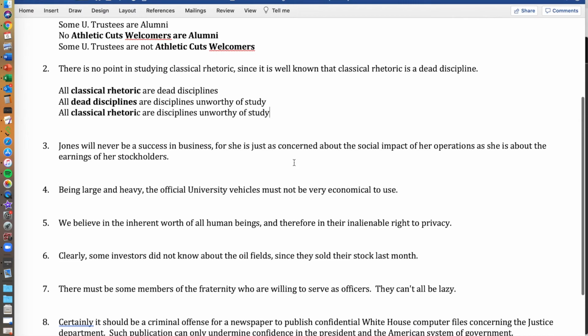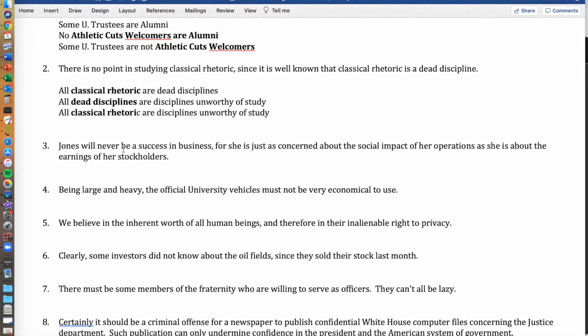Number 3, Jones will never be a success in business, for she is just as concerned about the social impact of her operations as she is about the earnings of her stockholders. Okay? So again, one sentence, but it's a rather complicated sentence, and it is broken up into 2 statements that make up an argument in natural language.